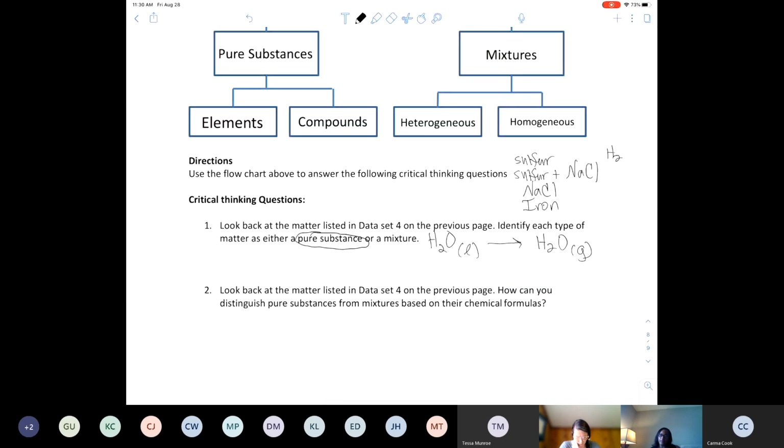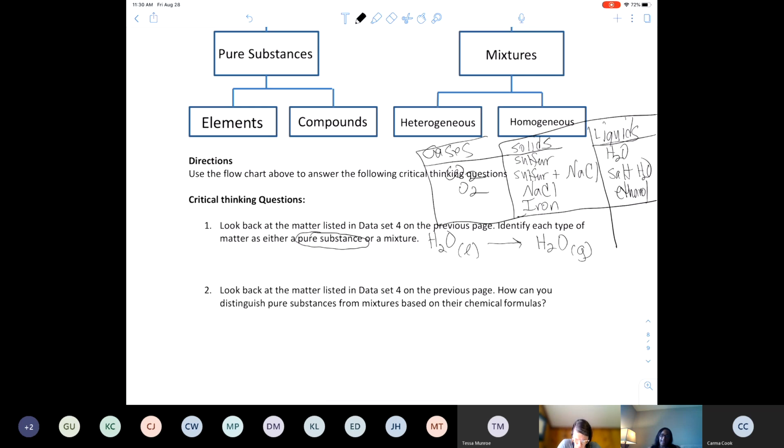But then we also had liquid water. It was sulfur. Okay, so sulfur, sulfur plus NaCl, these were our solids. Our liquids were water, salt water, and ethanol. Then our gases were CO2, oxygen, and air.